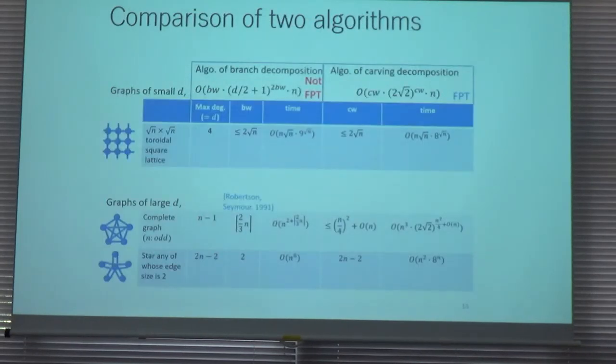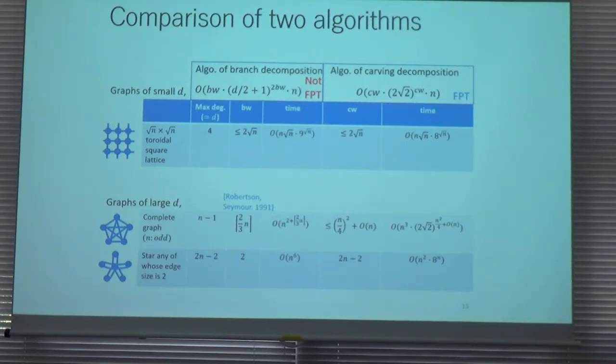Here is a comparison of the two algorithms for some input graphs. For example, when the input is a square toroidal graph, which is one example of a four-regular graph, our algorithm actually works faster than the branch width one.